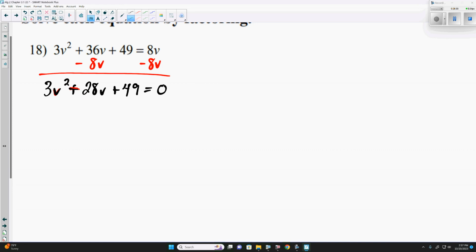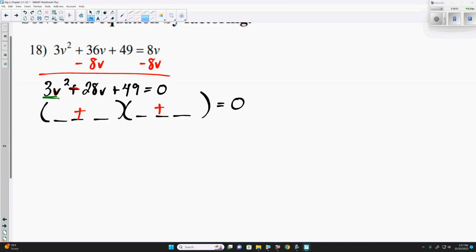Is there a greatest common factor? No. So there is no greatest common factor. So we'll have our two sets of parentheses with 3 spaces equals 0. Exactly. Since the third term is positive, the signs are the same and match the sign of the middle term, which will be plus and plus.